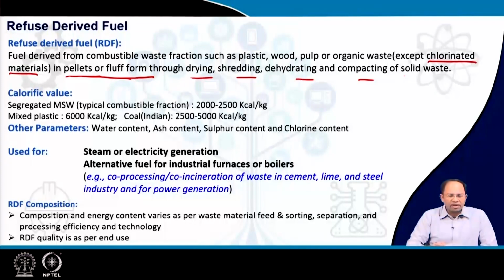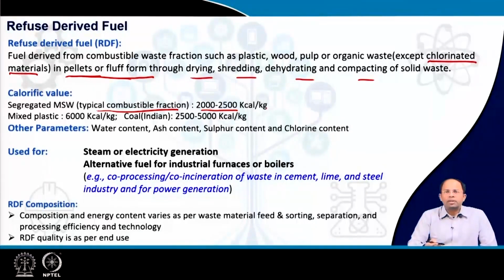Now, the calorific value of segregated municipal solid waste, the portion which is typically combustible, the one which should go for RDF, comes to around 2000 to 2500 kilocalories per kilogram. This is acceptable because this is more than 1500 kilocalories per kg as specified in Solid Waste Management Rules 2016.